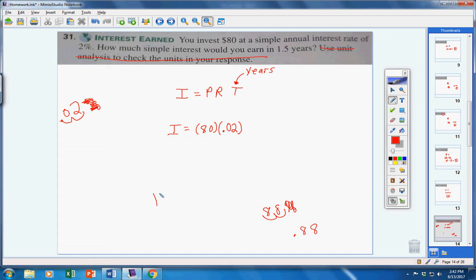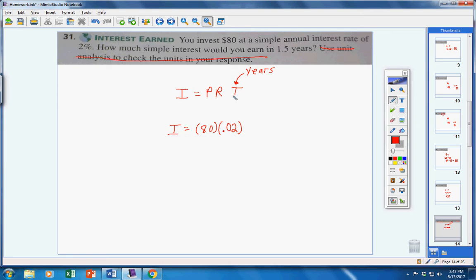If I had 112%, knock off the percent, move the decimal 2 places, I would get 1.12. If I had 7%, knock off the percent, move the decimal 2 places, .07. So we're learning here quickly how to write percentages as decimals. So 2% would be .02.